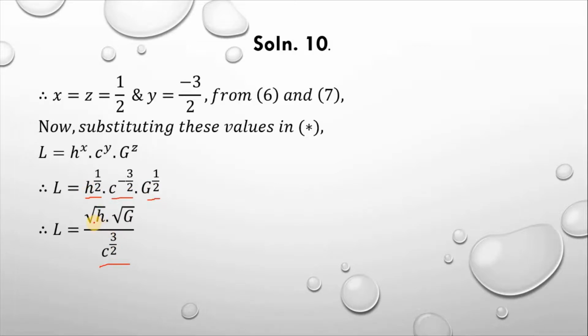So h will come under the root and g will also come under the root. So you can write L as root of h into root of g divided by c raised to 3 by 2, and combining them gives root of hg upon c raised to 3 by 2. So you can notice that our right option is option A. This is our final answer.